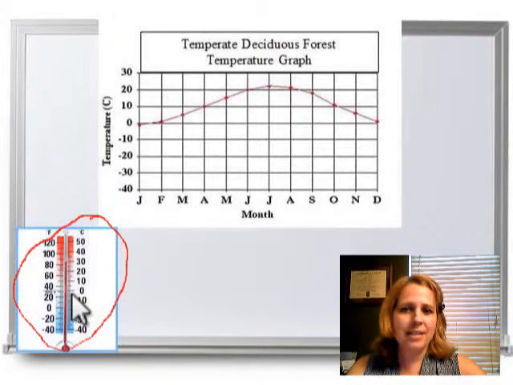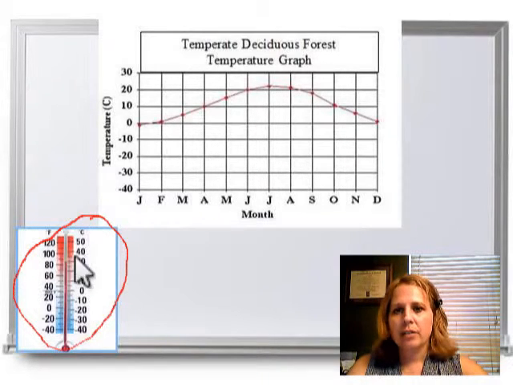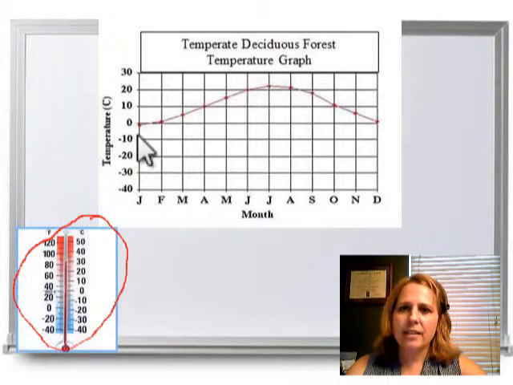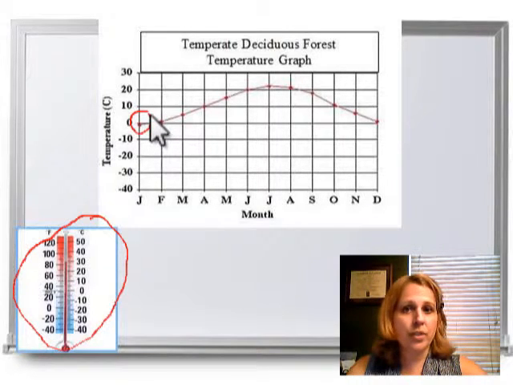So when you have 0 degrees Celsius, that's freezing. That's about 32 degrees Fahrenheit. So right here you can see that about 30 degrees Celsius is pretty warm. It's in the 80s in Fahrenheit. All right. Now looking at this graph, let's look at the trend. So in January we have about an average temperature in the deciduous forest of 0 degrees Celsius.